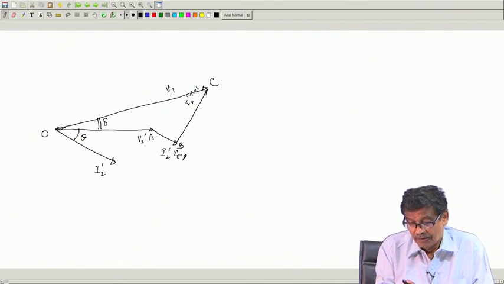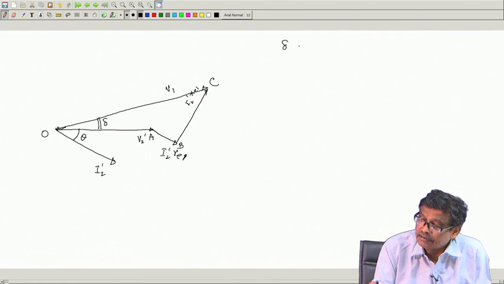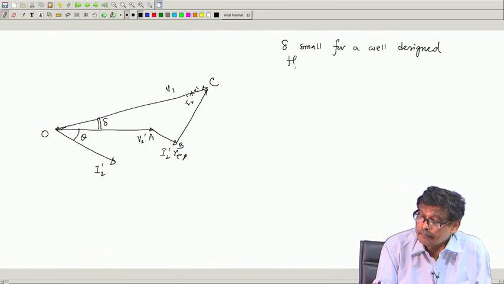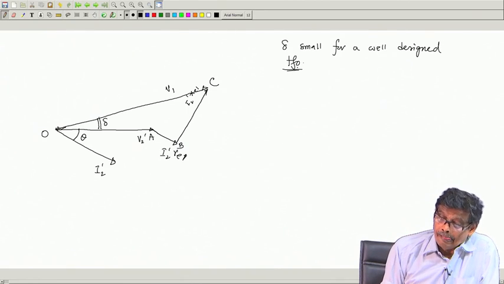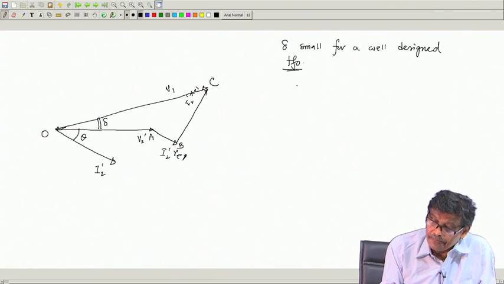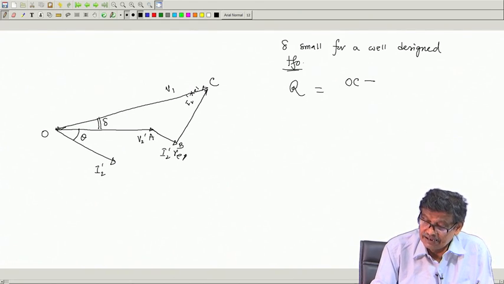Acha, now, knowing fully well that delta will be small, delta small for a well designed transformer, then, and this one I have got O C minus O A by O C.